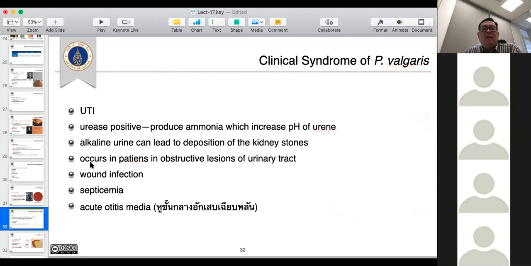They cause a broad spectrum of syndromes, also UTI and diarrhea, up to septicemia. One more thing is acute otitis media. This is also important for Proteus vulgaris. We don't ask you to remember everything, but just know the important symptoms. When we talk about these keywords, you probably think about which bacteria.